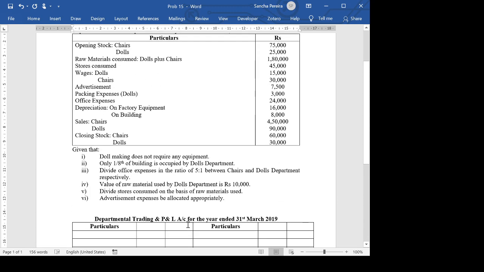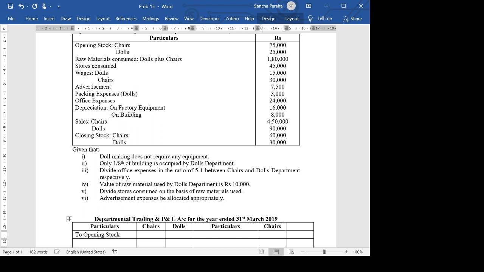We have the opening stock. Okay, the departments are chairs and dolls. To opening stock, 75,000 and 25,000. Raw materials consumed, dolls plus chairs.